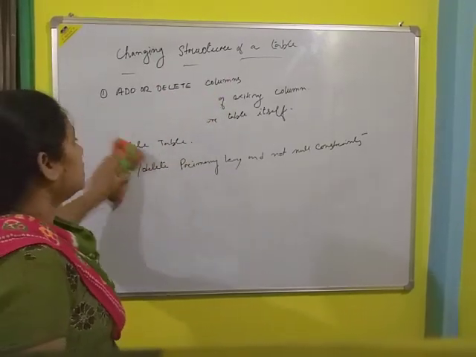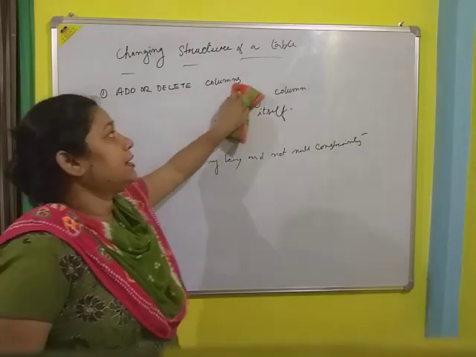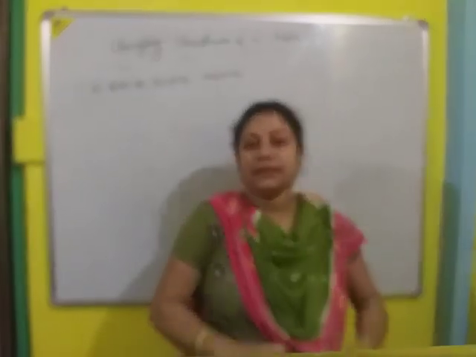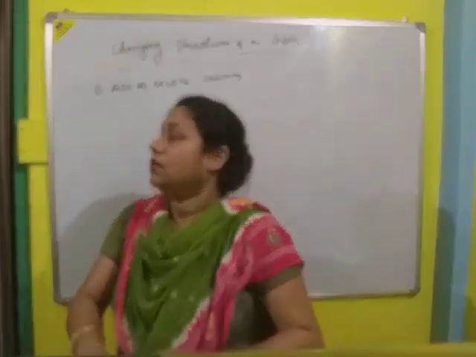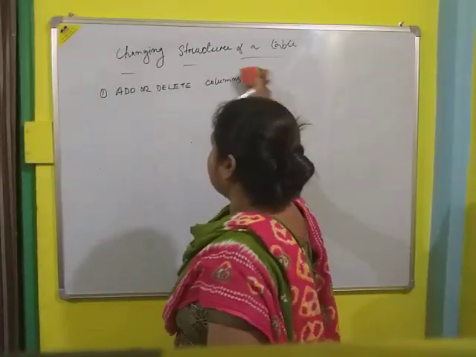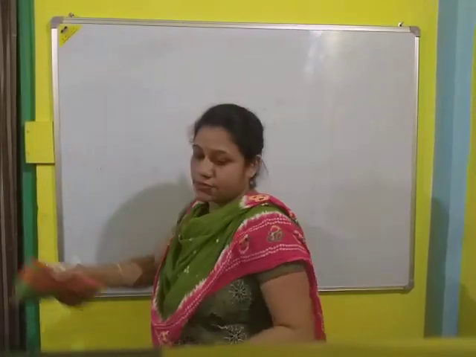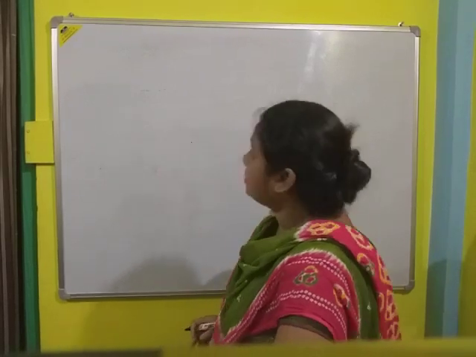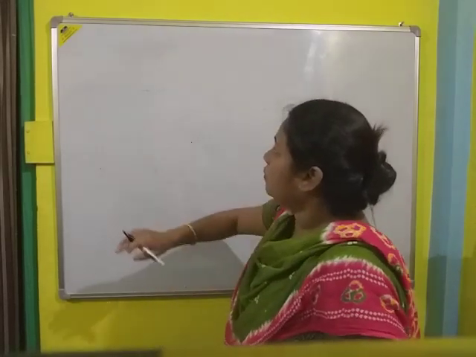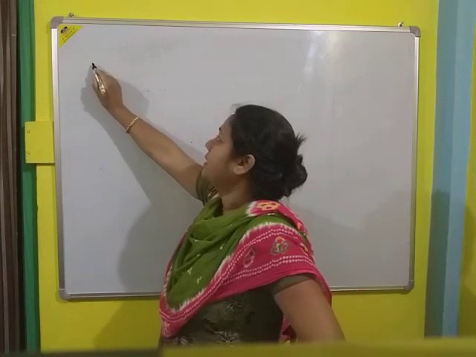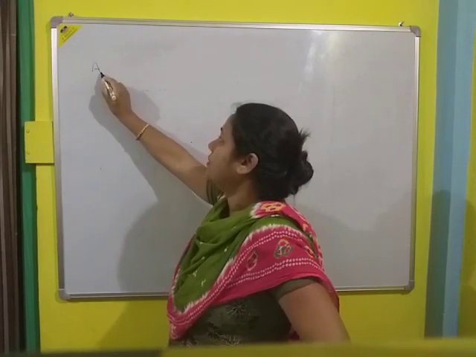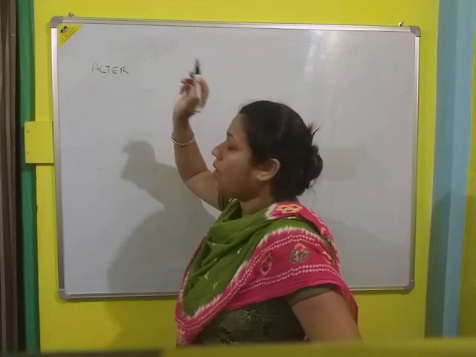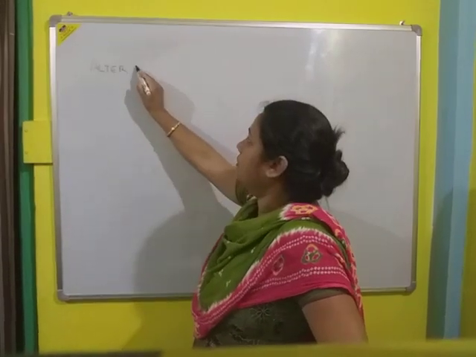First of all, I am going to discuss how to add a new column into an existing table. I am going to write down the syntax. Syntax for adding new columns to an existing table. For that, you write the command alter table.